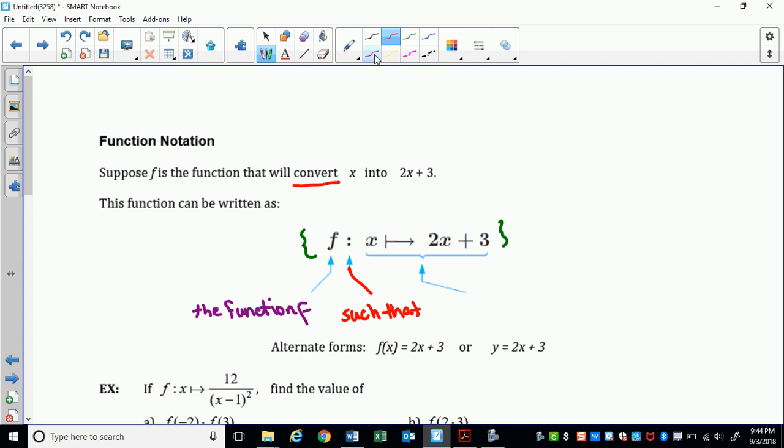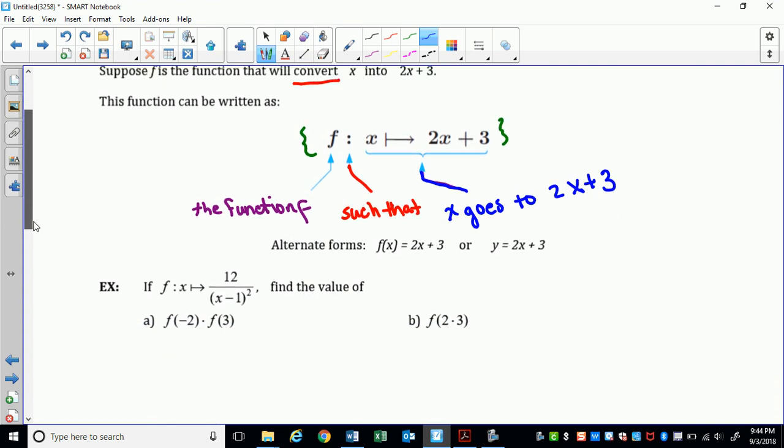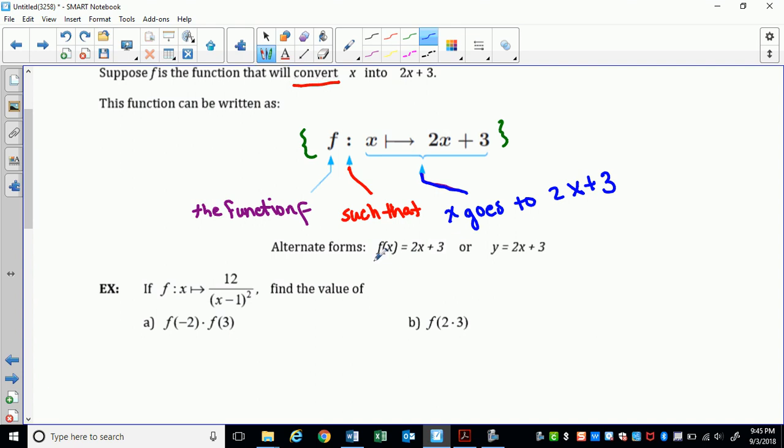Either one. I'm going to say goes to. Also, sometimes instead of f of x, you will see y. We already reviewed that on our math space.